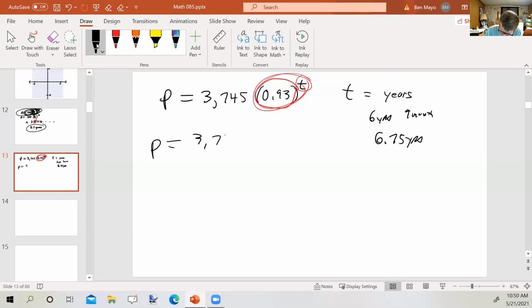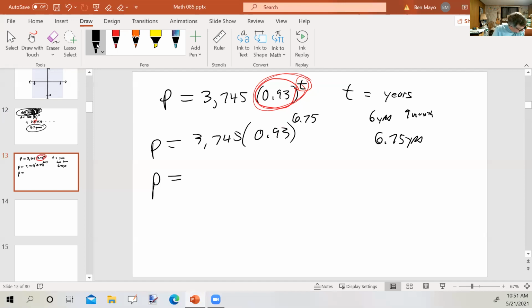So we're going to put 6.75 in for our exponent. And the population, let's see, 3,745 times, parentheses, 0.93, close parentheses, raised to the power 6.75.